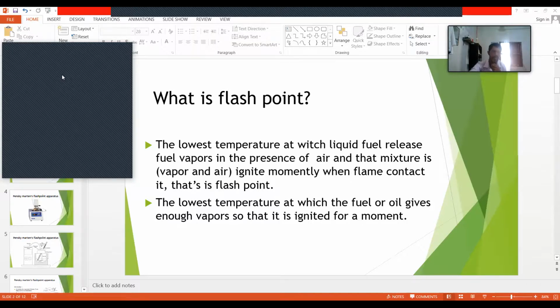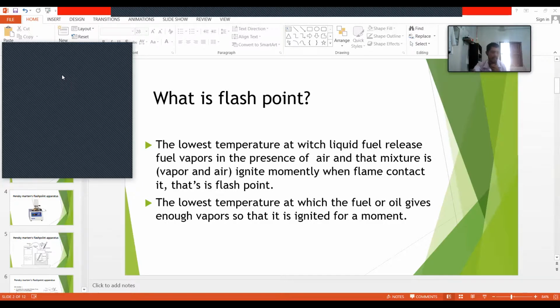Disanayake, sir. So tell me, Disanayake, if we introduce a flame to that vapor environment, where we are keeping a fuel sample, and we are introducing a flame above that fuel sample, but it is continuously burning, then that temperature is called what?